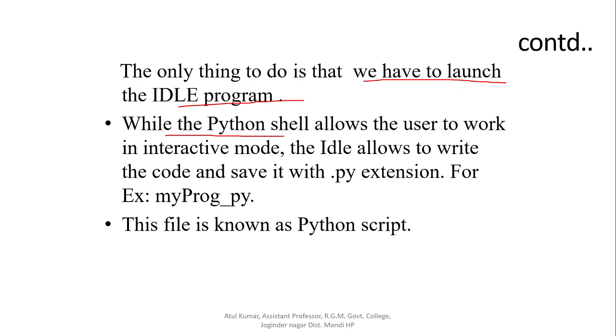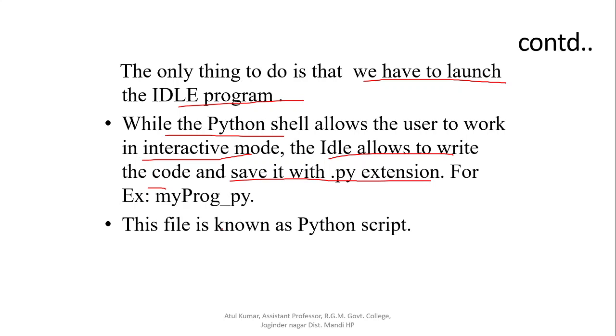While the Python shell allows the user to work in interactive mode, IDLE allows you to write the code and save it with a .py extension. Every Python program has the extension .py, like in MS Word, all the documents are saved with the extension .doc or .docx.